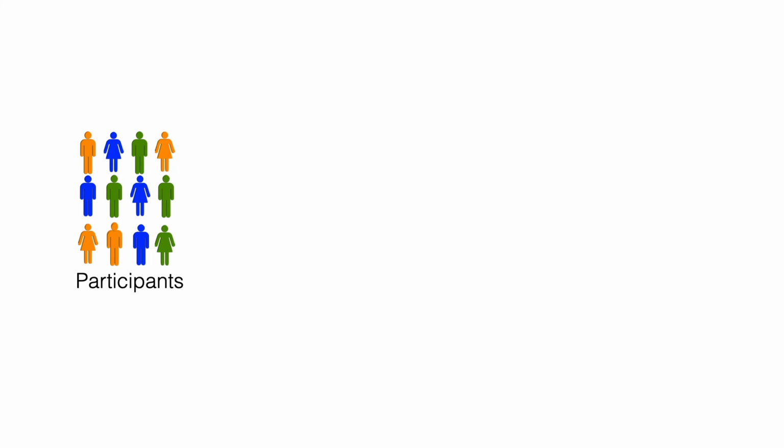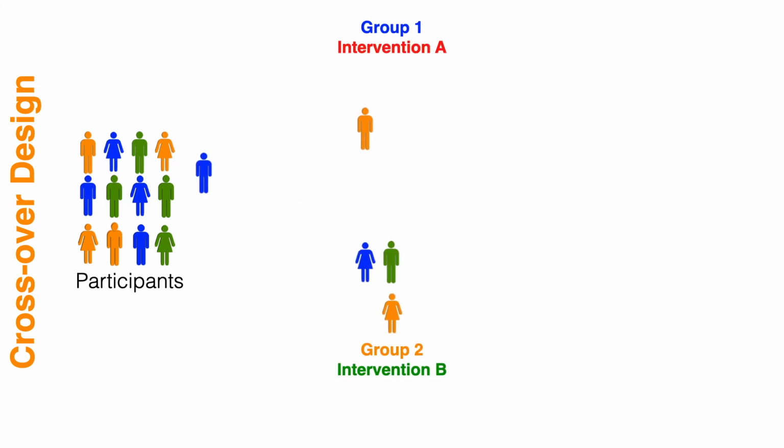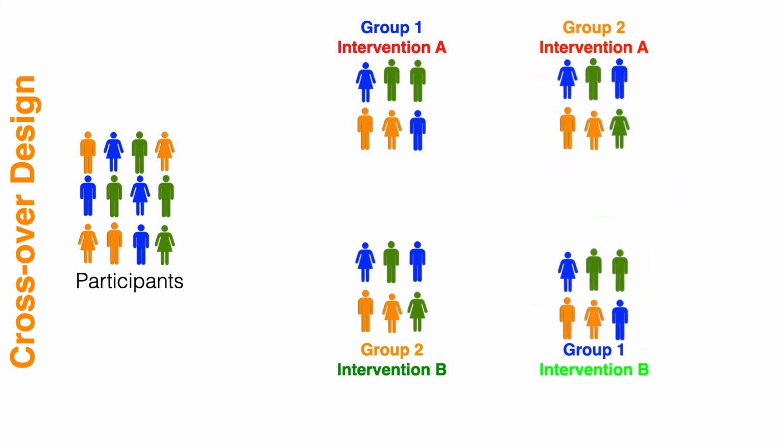Sometimes a crossover design is feasible. Here, we still have random allocation of participants to a group, but at some point the intervention is flipped so that the group that got intervention A now gets intervention B and vice versa. Usually with a period of time in between.